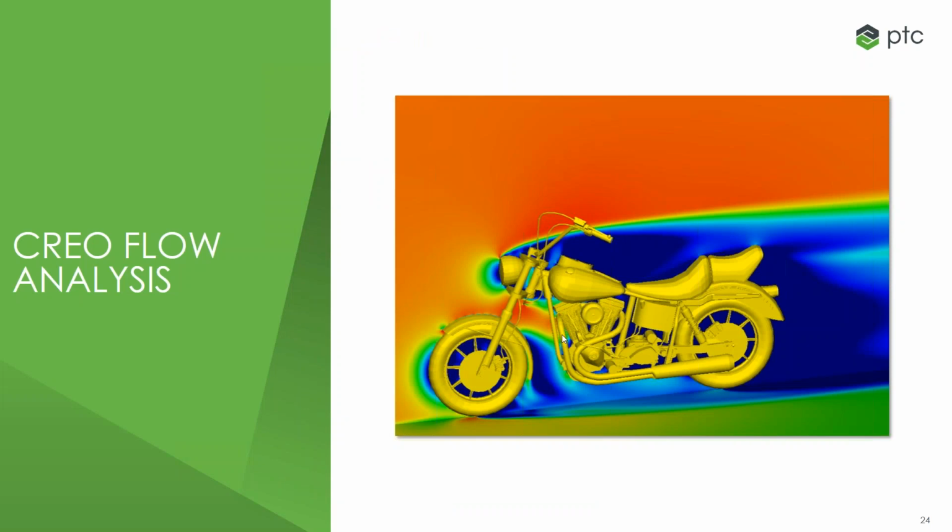And the last module that we've added, and it's brand new to Creo this year, is the Creo Flow Analysis. This enables designers and engineers with simulation tools, and it gives them the power to analyze products early and often. It allows them to refine models and eliminate problems when they cost least to fix, much earlier in the design process.